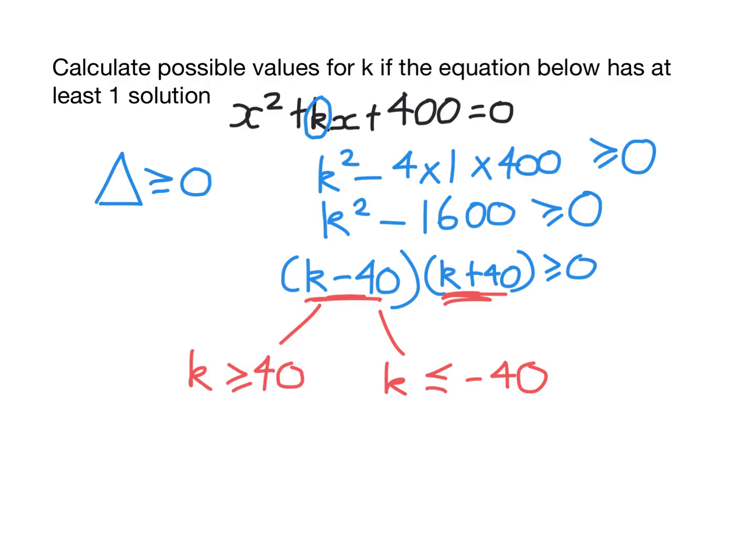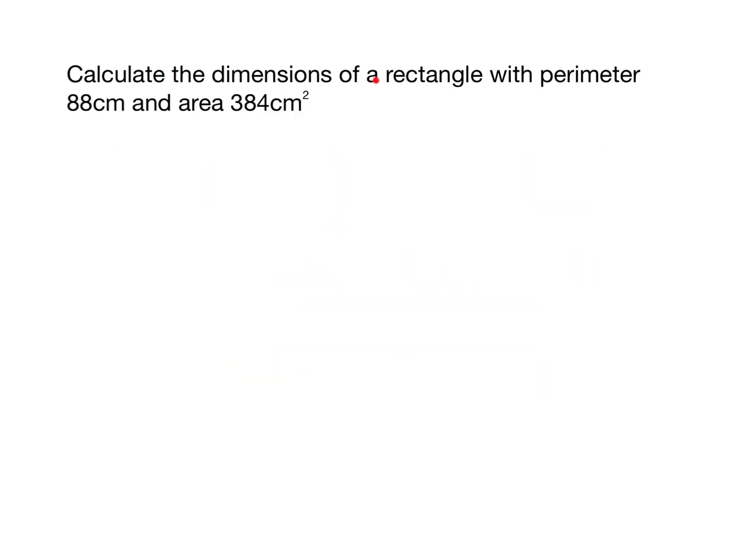All right, one more thing to go through, and that's a worded question. So we're going to calculate the dimensions of a rectangle, perimeter 88, area 384. So it might be helpful sometimes to draw a diagram. We've got this rectangle here. So I'm going to call its width here x. So I need to find the length in terms of x.